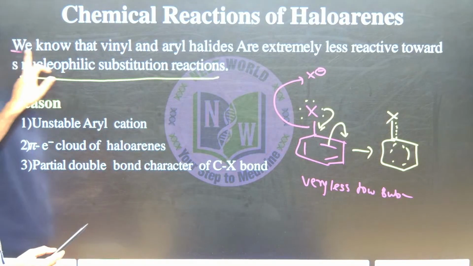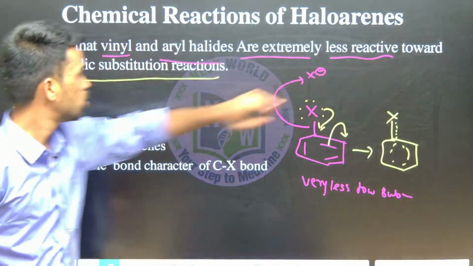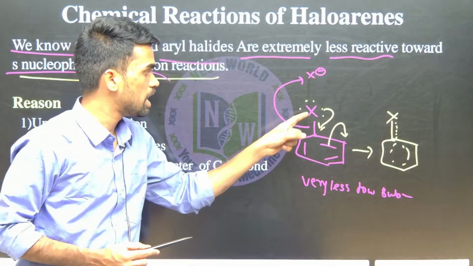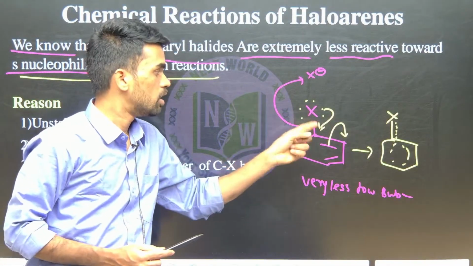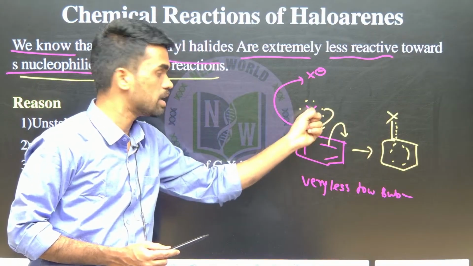Just read this. We know that vinyl halides and aryl halides are extremely less reactive towards nucleophilic substitution reaction. Why? Because they have a strong bond due to the conjugation between carbon and this halogen.